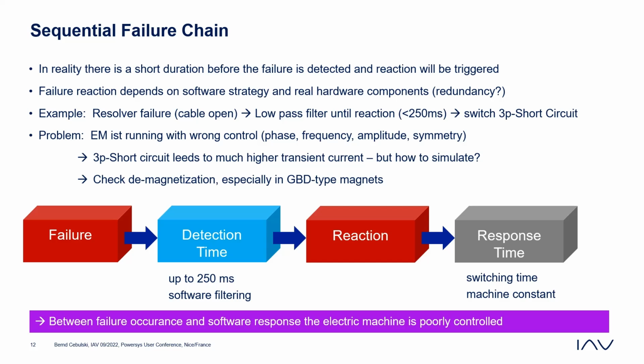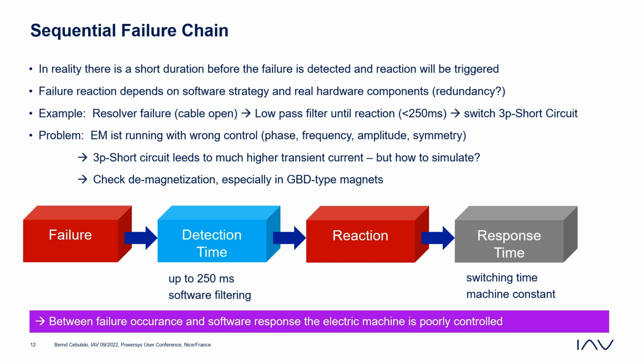So this situation somehow depends on the kind of failure you have and also on the failure reaction strategy. So you need at this simulation stage to know a lot about how the control system could react to those failures, or to have at least a slight idea of what is going on in the system here. And it's also depending on the detection time.